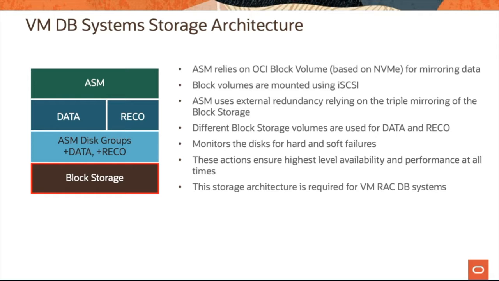Block volumes are mounted to the VMs using iSCSI, and ASM uses external redundancy, relying on the triple mirroring of the block storage. When the ASM disk groups are carved out, different block storage volumes are used for the data and RECO disk groups.